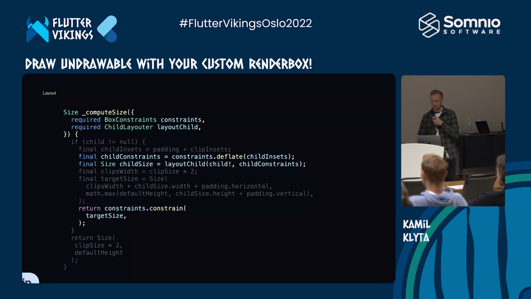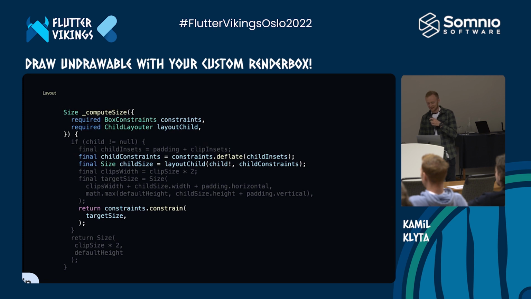For example, the constraints have the method deflate that can decrease the size of the box constraint by the provided inset. For example, we're defining the padding and the clip inset, which is the horizontal space that we would like to be clipped for the hexagonal shape. We provide this inset, and the constraints will be decreased.